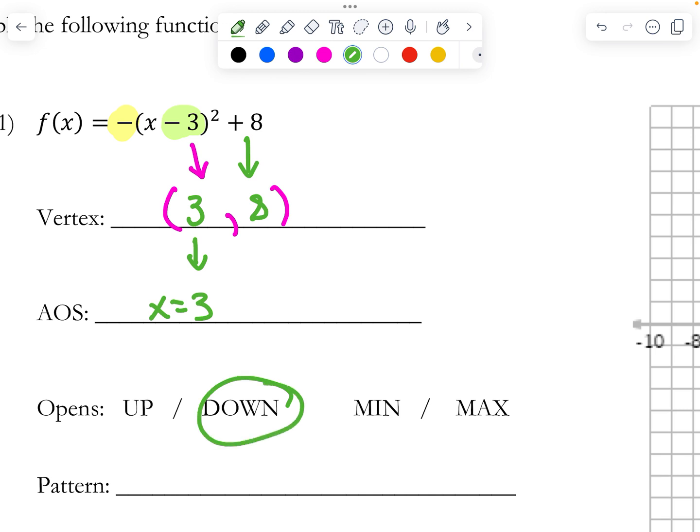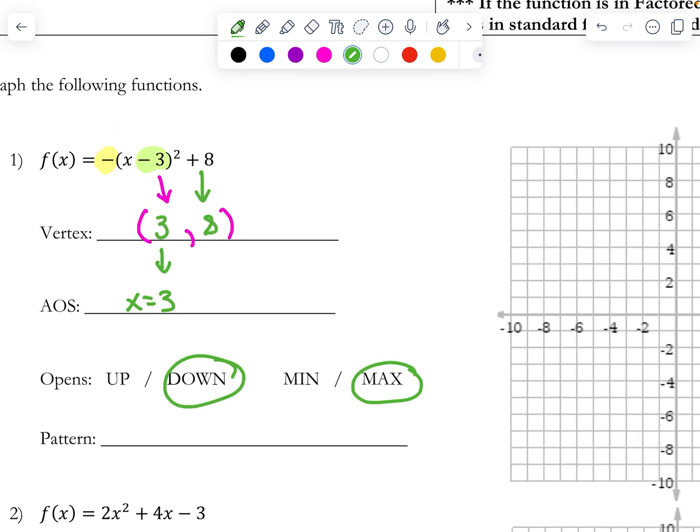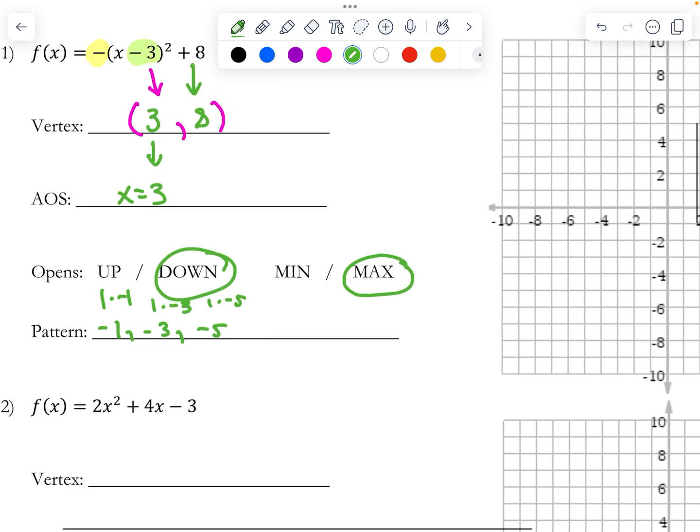And remember, when we open down, that means we're going to have a roof. So we have a maximum. And then my pattern is going to be, well, negative 1 times 1, or technically 1 times negative 1, 1 times negative 3, and then 1 times negative 5, negative 5.